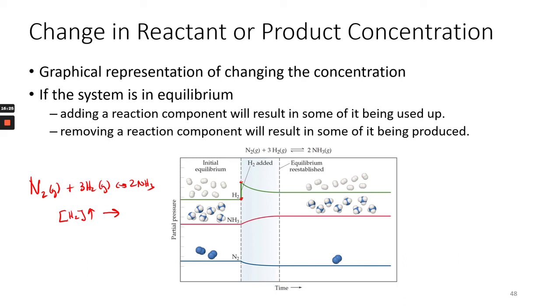What is happening is my hydrogen is decreasing, and nitrogen also is decreasing because it's getting used up. Now hydrogen will end up being a little bit higher than it was because you added some to it. The nitrogen will end up being lower than it was because more of it was used up. But by moving forward, you're making more of your product and reducing your nitrogen and a little bit of your hydrogen.